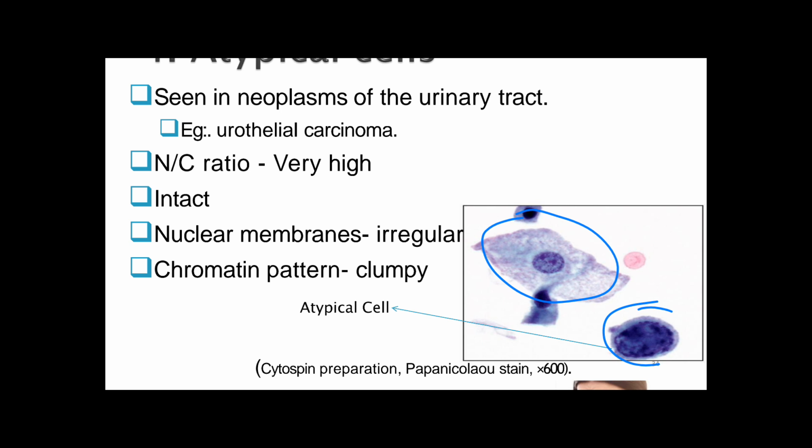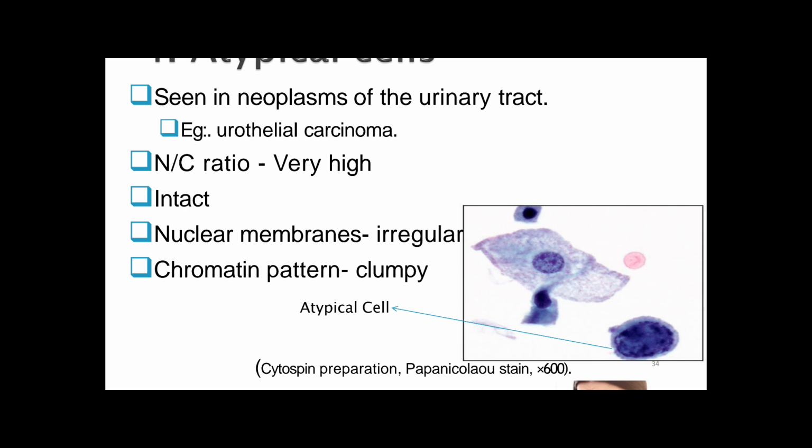There is a rim-like cytoplasm in atypical cells, and the nucleus occupies most of the cell. You can see coarse chromatin.